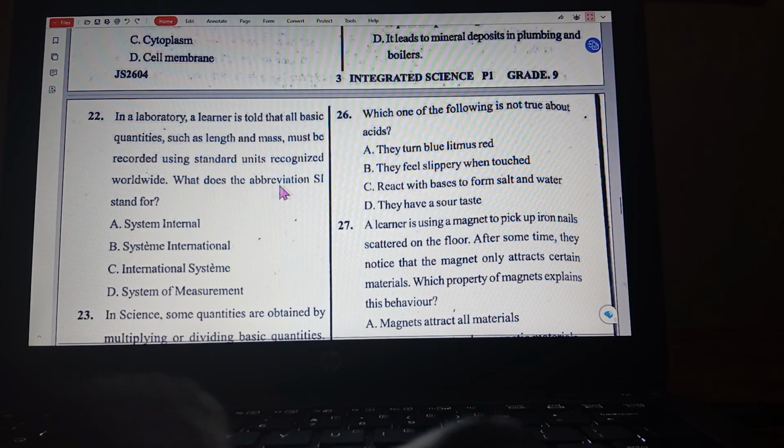What does the abbreviation SI stand for? SI stands for International System of Units.